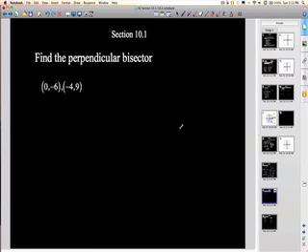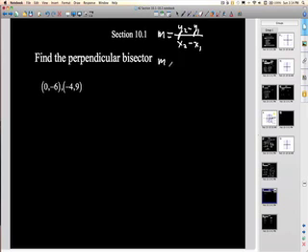The last thing we're going to work on here in 10.1 involves a review of a lot of concepts from Chapter 2. We know that slope is equal to y2 minus y1 over x2 minus x1.